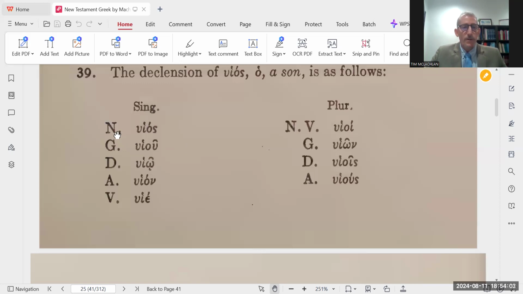Okay, so remember the nominative. If you remember the word to nominate means to choose and say, this is the person that you're talking about. This is the person that's doing the action or the main thing that you're talking about. It's the subject, it's the nominative. You have a different way of writing that, whether it's singular or plural. And you've got different case endings for different nouns, whether they're masculine or feminine or neuter.